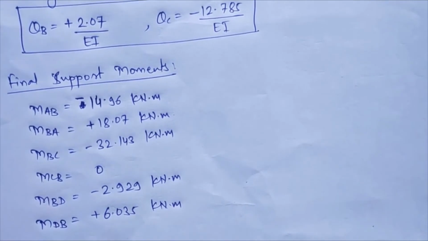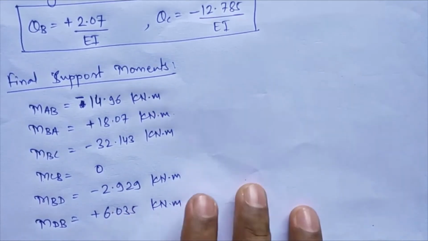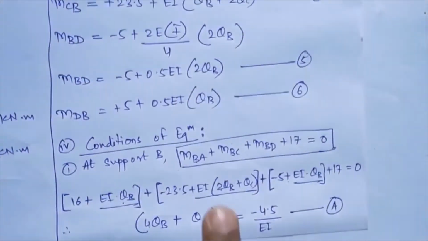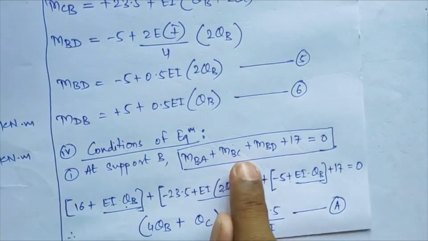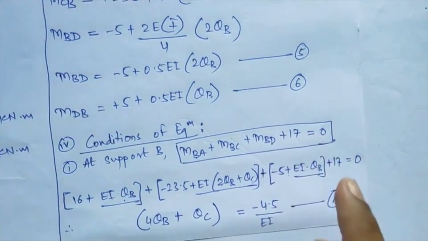Now we'll check whether the equilibrium conditions are getting satisfied or not. For your first condition, MBA plus MBC plus MBD plus 17 is equal to 0.